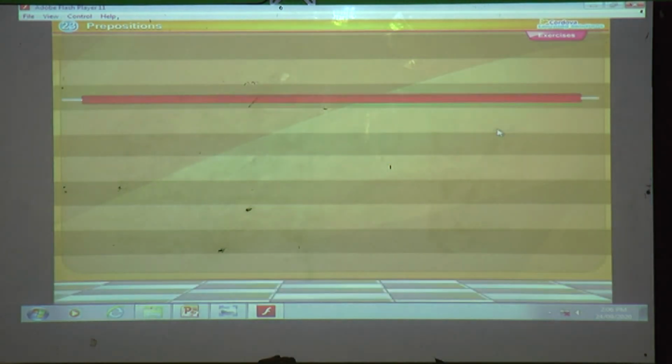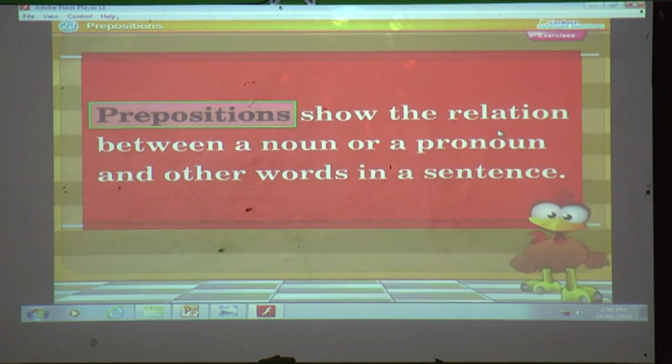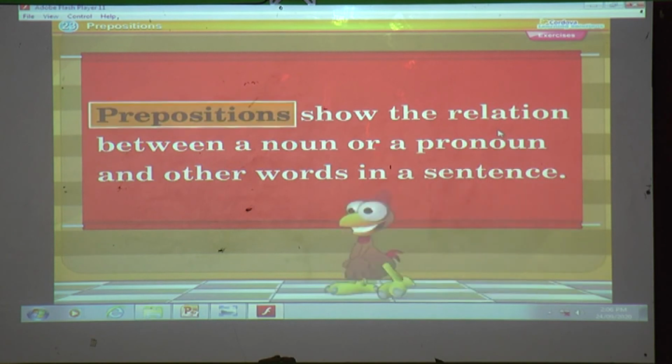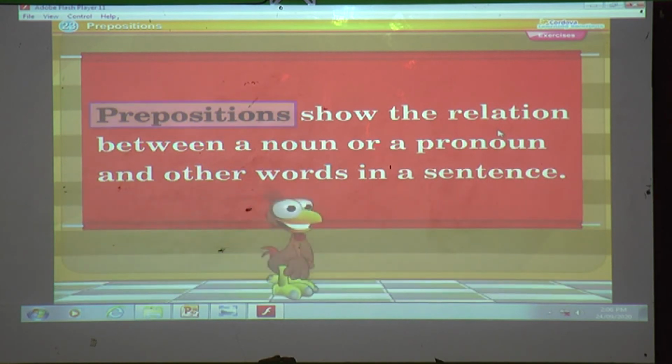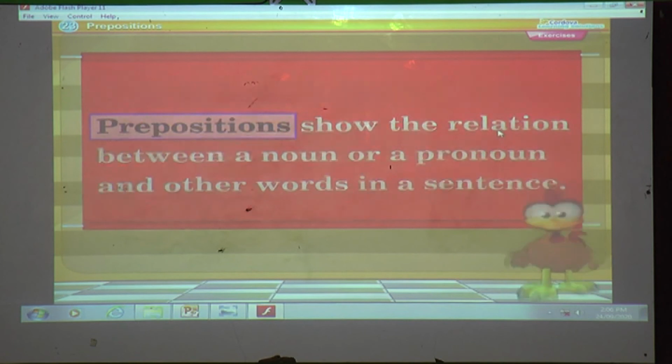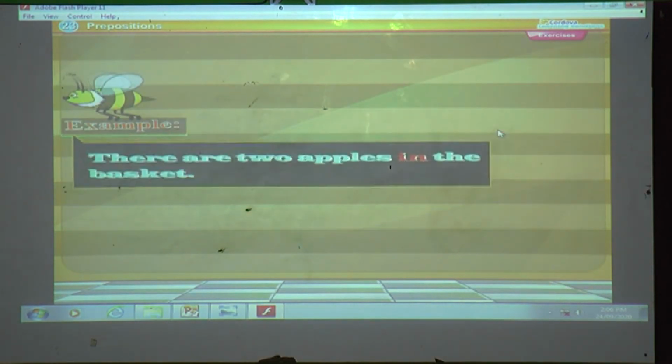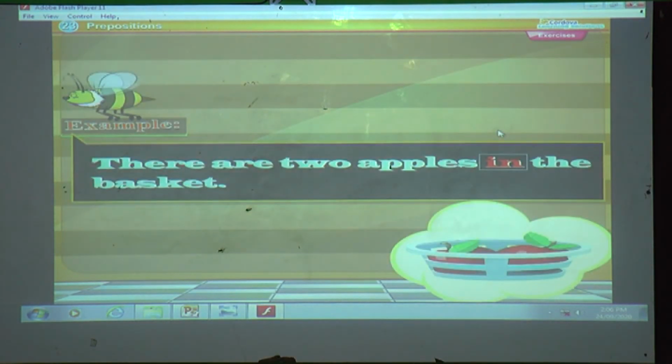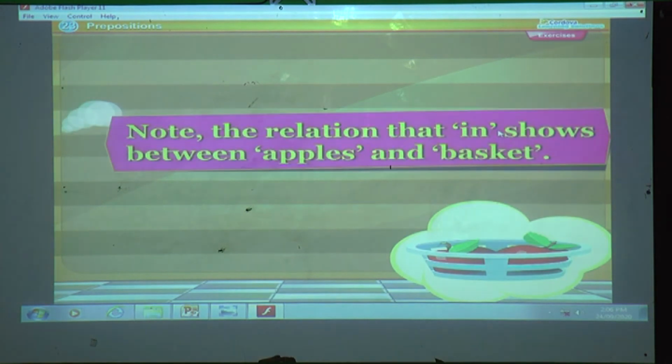Prepositions. Prepositions show the relation between a noun or a pronoun with other words in a sentence. Example: There are 2 apples in the basket. Note the relation that in shows between apples and basket.